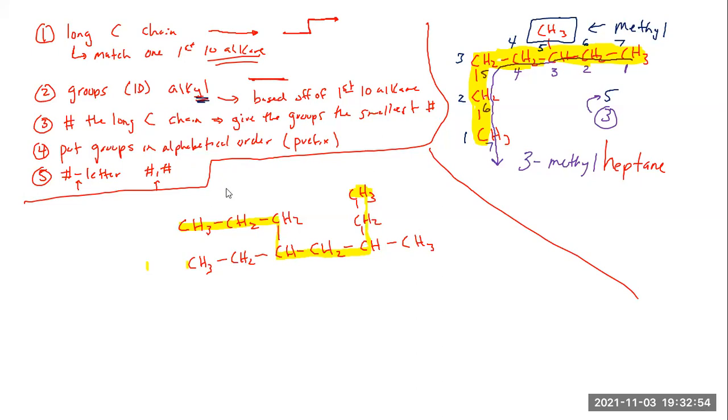Okay, so the main chain here is actually these 3, 4, 5, 6, 7, and an 8 in this case, right there. And 8 carbons would tell us that it is octane.